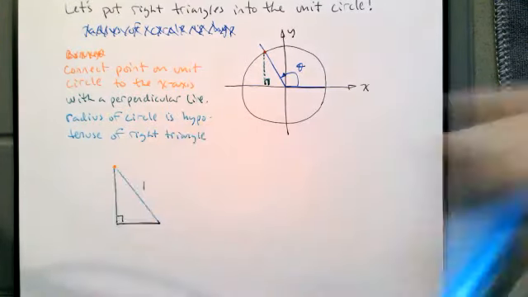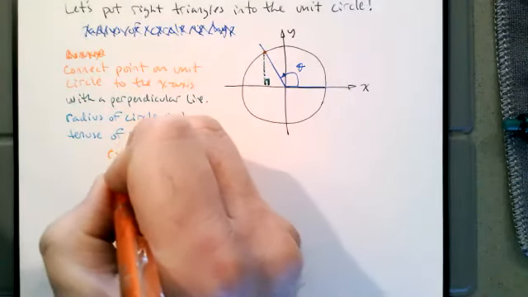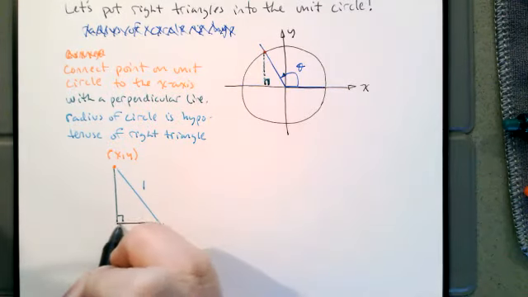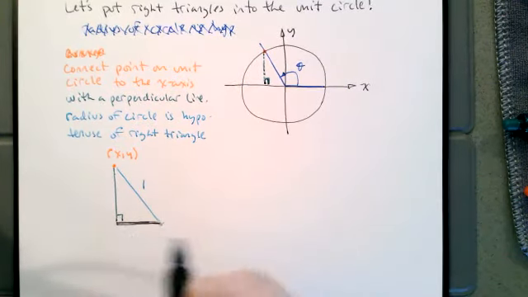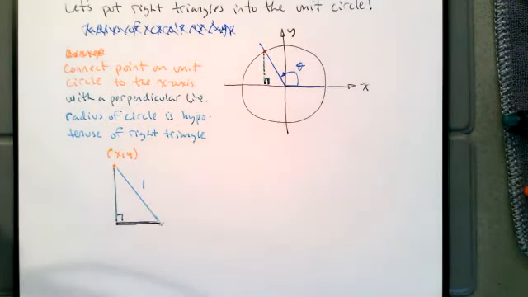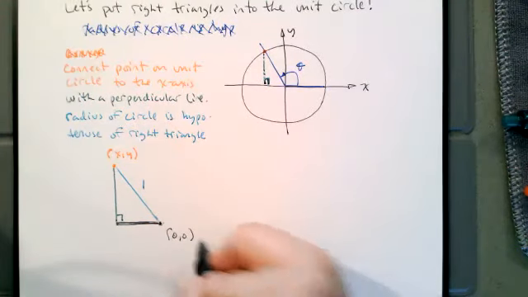Also, we know that the coordinates of this point up here are x and y. So that point is on the unit circle, it has coordinates x and y. And we also know that this point is the origin, 0, 0.